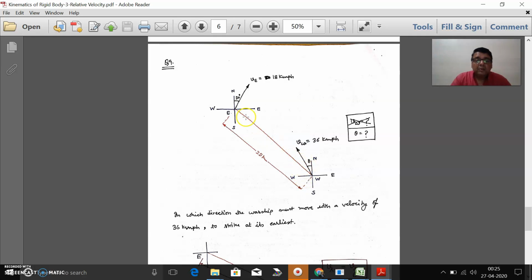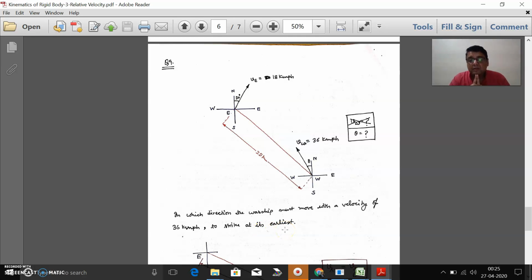This enemy ship is moving at a velocity of 18 km per hour, but at an angle of 30 degree, right? Whereas the warship will move at a velocity of 36 km per hour, but I do not know the angle about which it will move. What he's saying is in which direction the warship must move with a velocity of 36 km per hour to strike at its earliest.